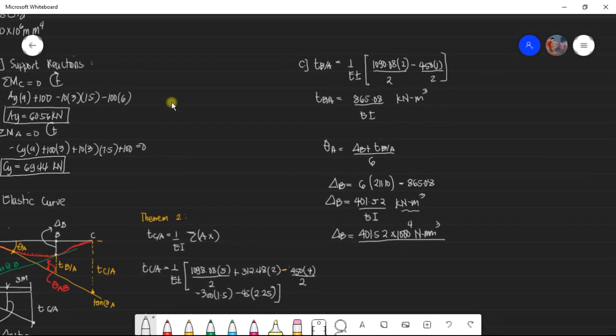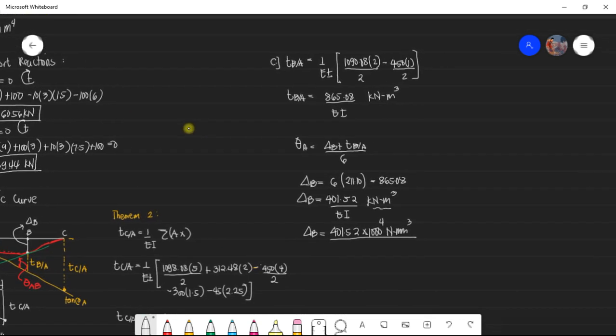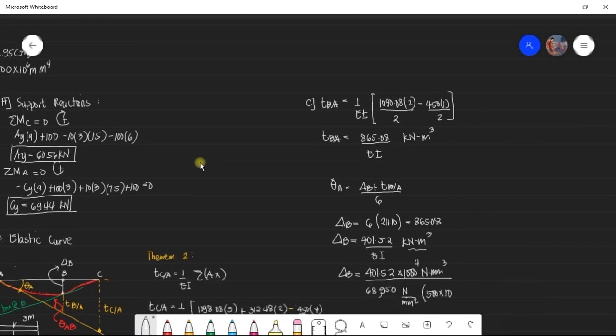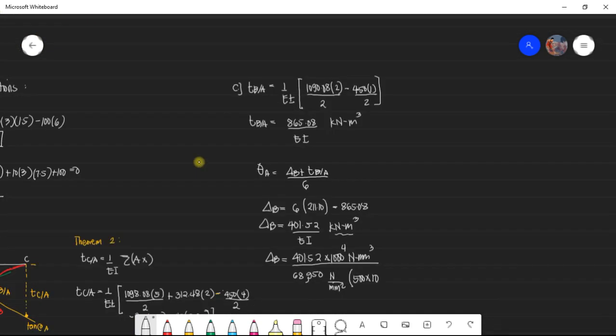Okay, 68.95 gigapascal, so 68,950, since we multiply by 1,000 to get newton per mm squared. Multiplied by I, which is 500 times 10 raised to 6 mm to the 4th.